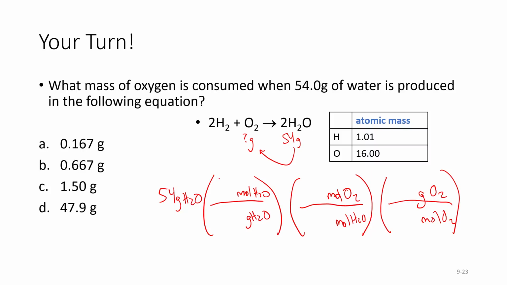So 1 mole is equal to the calculated mass from the periodic table. So we have 2 hydrogens, 2 times 1.01, plus we have 1 oxygen at 16, and we get 18.02 grams. Here is our mole to mole ratio. We are going to use the coefficients. There's an imaginary number 1 in front of O2, and there's a 2 in front of H2O.